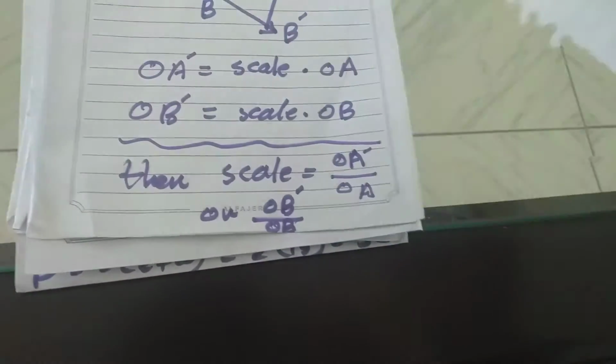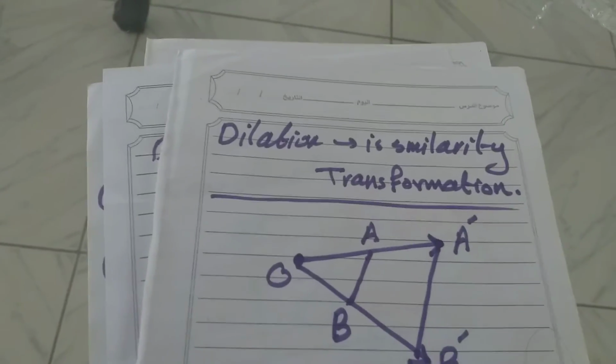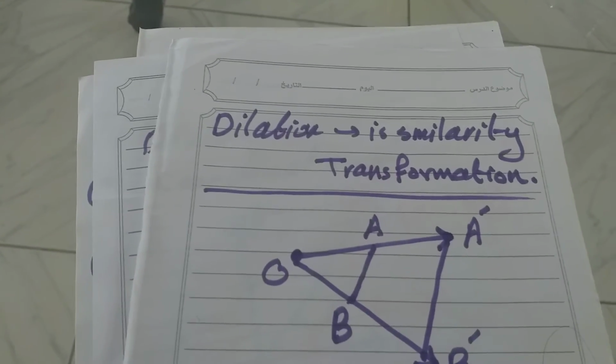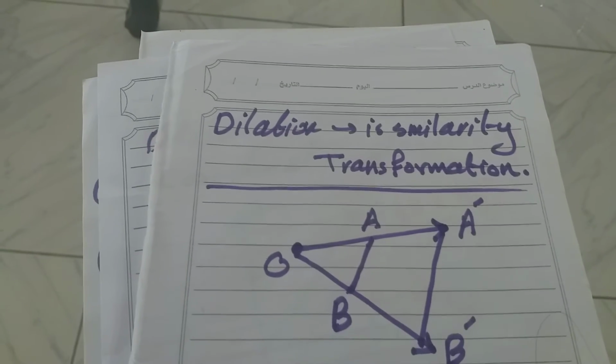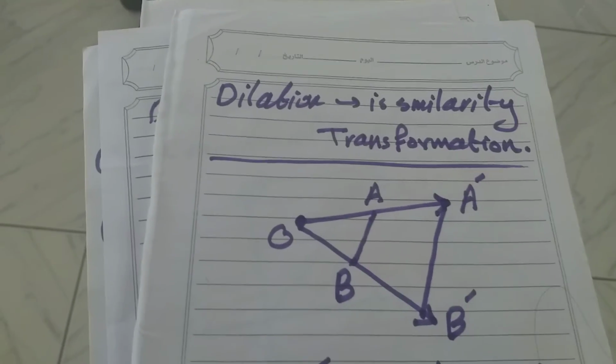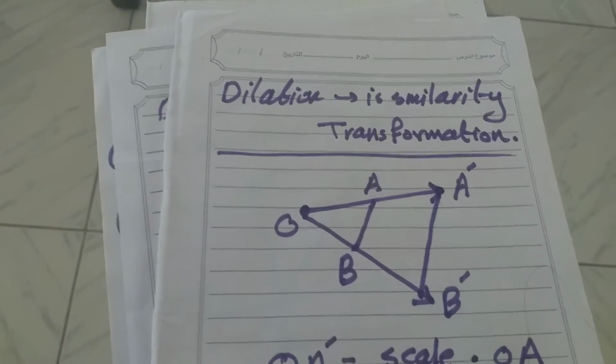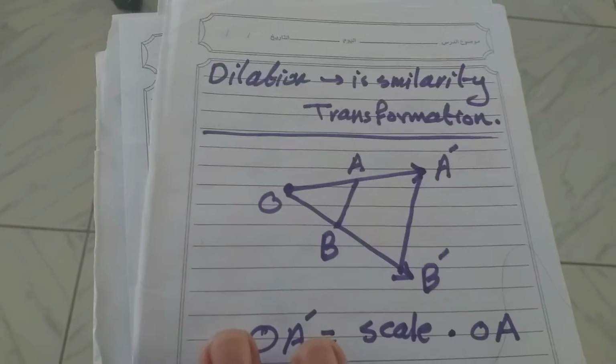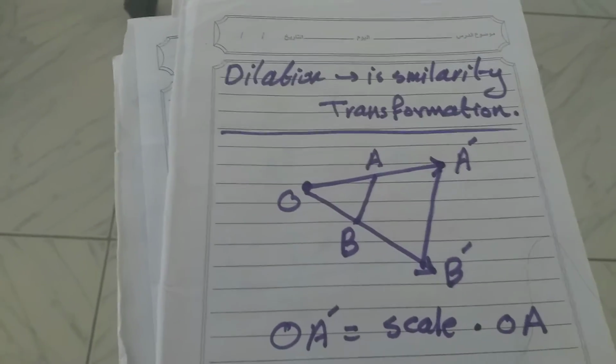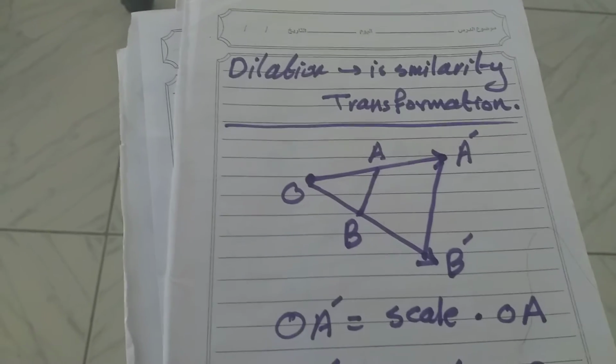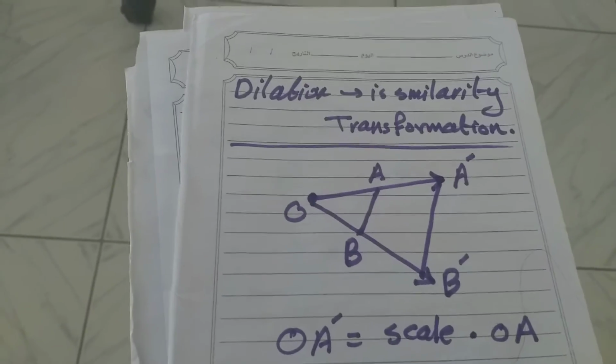Second thing in this lesson: dilation, what does it mean? Dilation is a similarity transformation. Of course, you remember when I kept talking about the 4 kinds of transformation, we said there is reflection, which is the first lesson of this chapter.